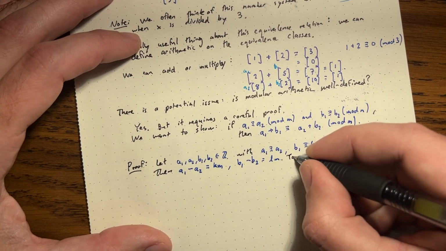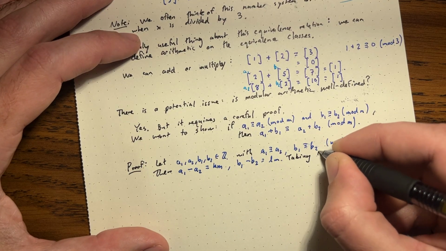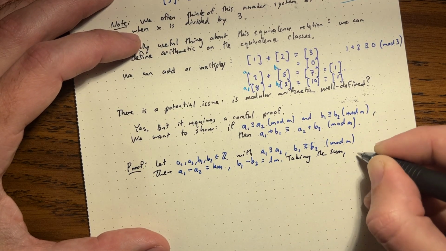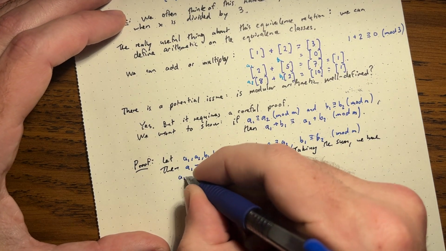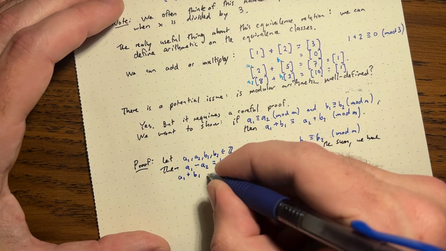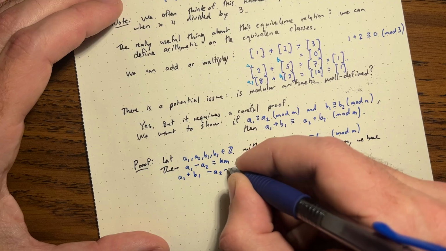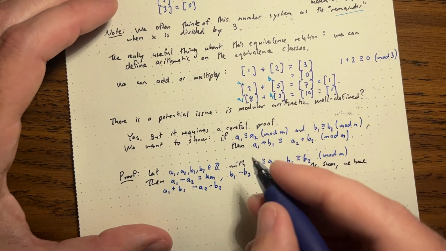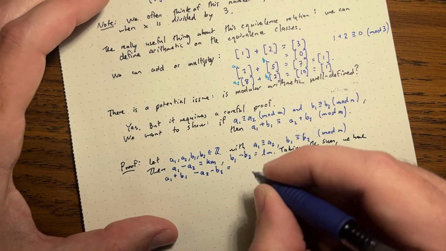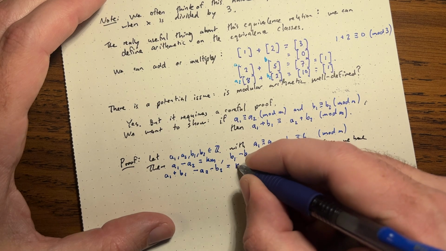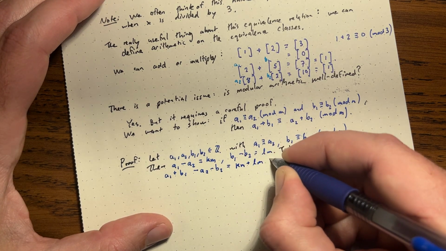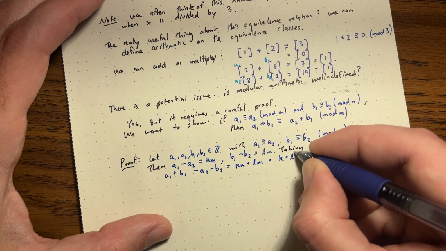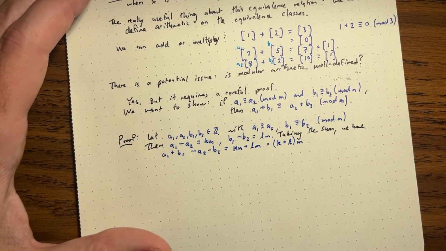So taking the sum of these two equations, we have A1 plus B1 minus A2 minus B2. I remember the proof for multiplication is a little bit trickier, so maybe we'll do that one too. What do we get? We get kM plus lM, which is just (k plus l) times M.